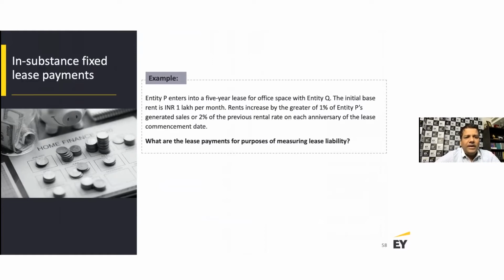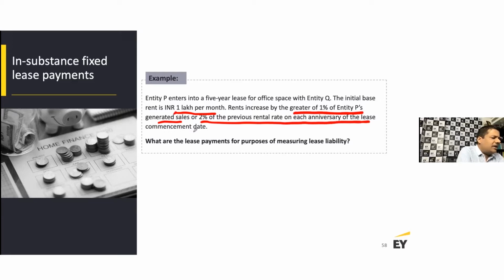So I have a fixed rent of 1 lakh rupees per month, and then it's going to increase by the greater of 1% of entity P generated sales or 2% of the previous rental rate on each anniversary of the lease commencement date. So what are the lease payments for the purpose of measuring lease liability?